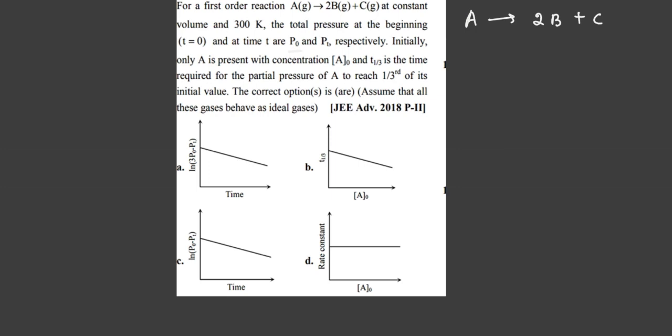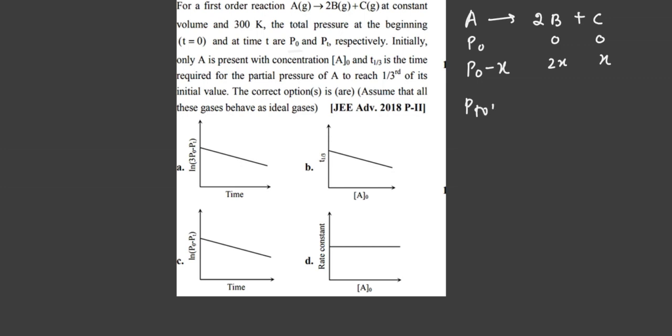So let's solve this. I can write that the initial pressure of A, in the beginning, will be P naught and the initial pressure of B and C will be 0, 0. Now after time T, the pressure of A becomes P naught minus X, I'm assuming, and the pressures of B and C become 2X and X. Okay.